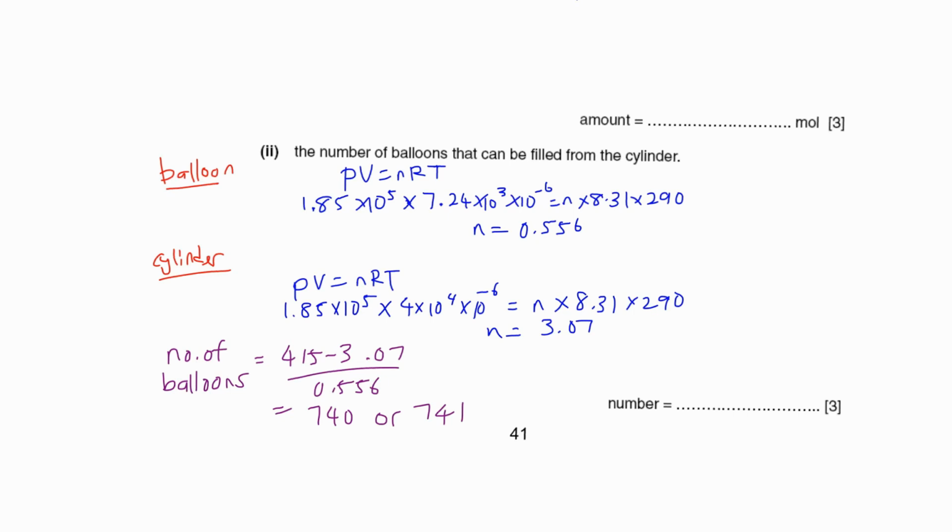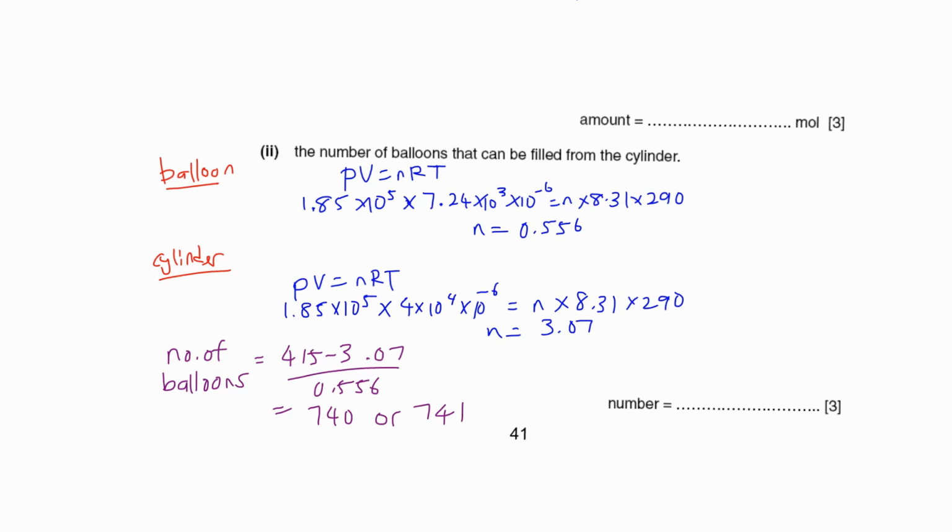So you look at the initial pressure of the cylinder. What's the initial pressure of the cylinder? 2.5 times 10 to the power 7, which is higher than the pressure of the balloon, 1.85 times 10 to the power 5, right? So that's why the gas could flow from the cylinder to the balloon.